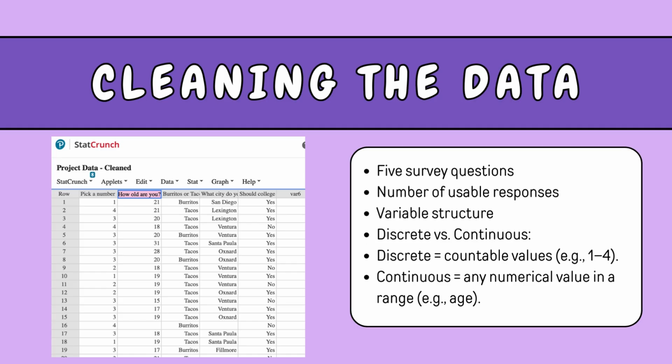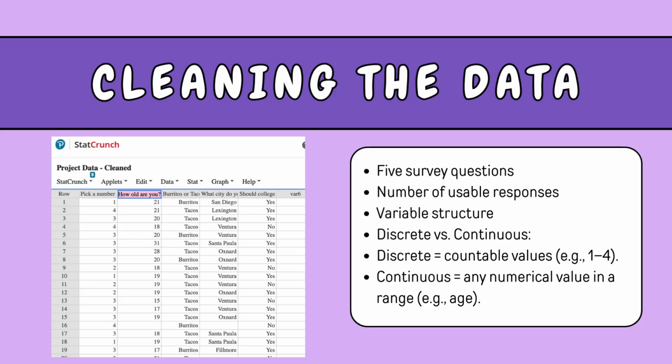I also had to take out, let's say, for 'what city do you live in,' a random, made up city; I would have to take it off. Or 'pick a number 1 through 4.'